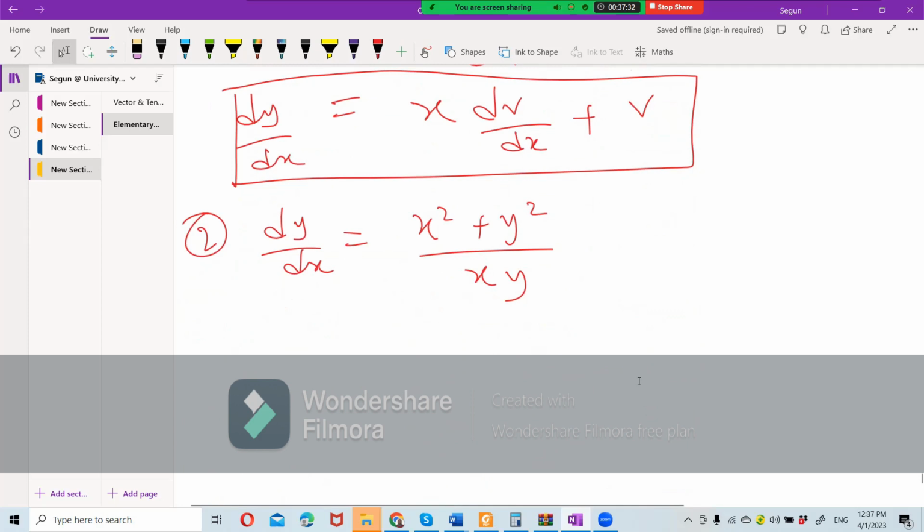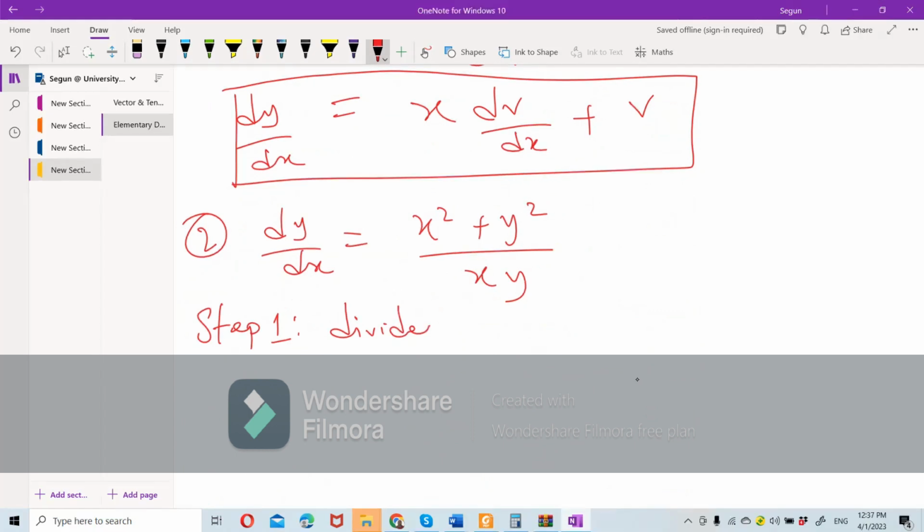Step 1: divide all terms by x squared. That is the highest power of x in this case.